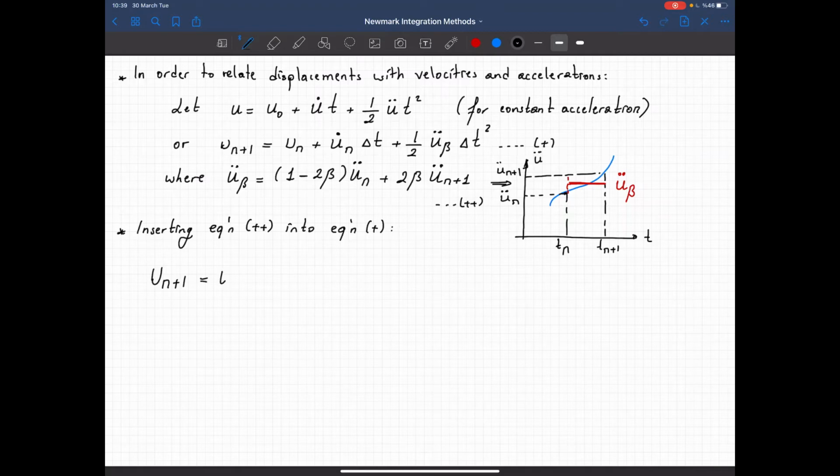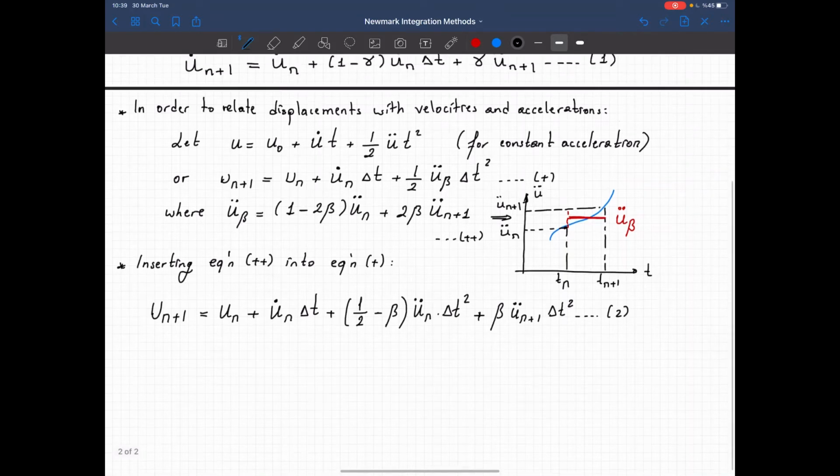U n plus 1 is equal to u n plus u dot n multiplied by delta t plus 1 over 2 minus beta u double dot n multiplied by delta t squared plus beta u double dot n plus 1 delta t squared, and that's the second equation of the Newmark integration.